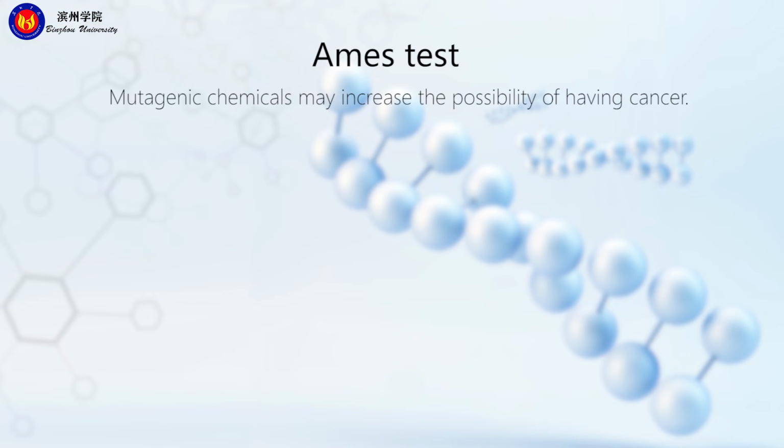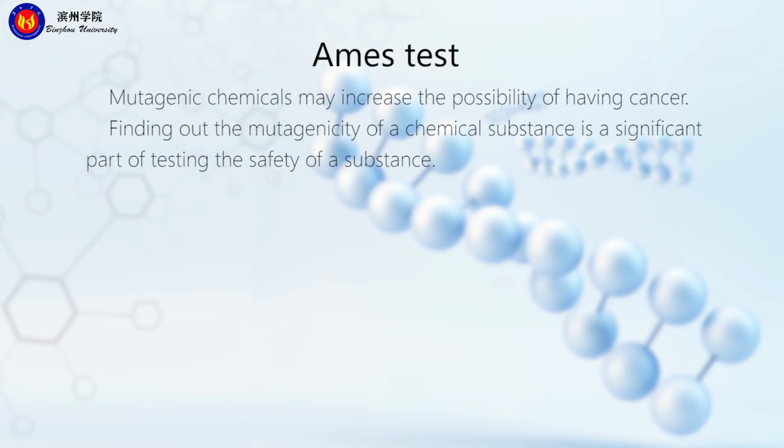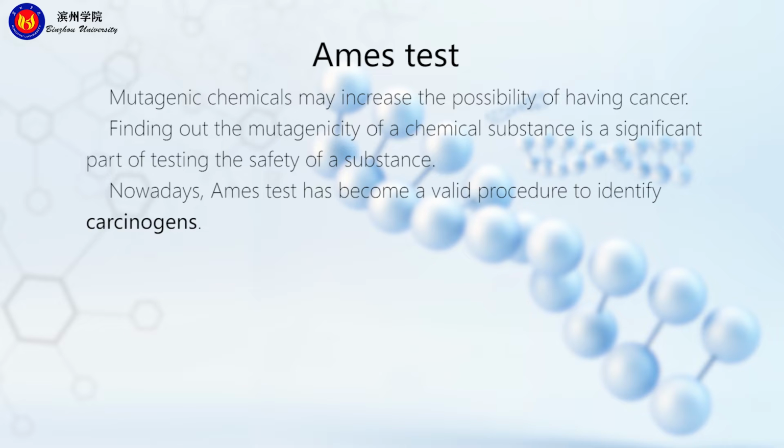Mutagenic chemicals may increase the possibility of having cancer. Finding out the mutagenicity of a chemical substance is a significant part of testing the safety of a substance. Nowadays, the Ames test has become a valid procedure to identify carcinogens.